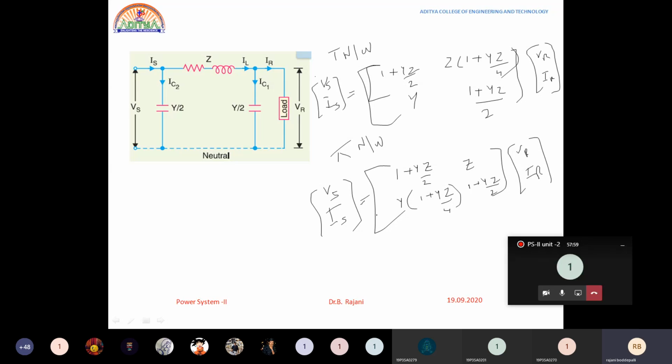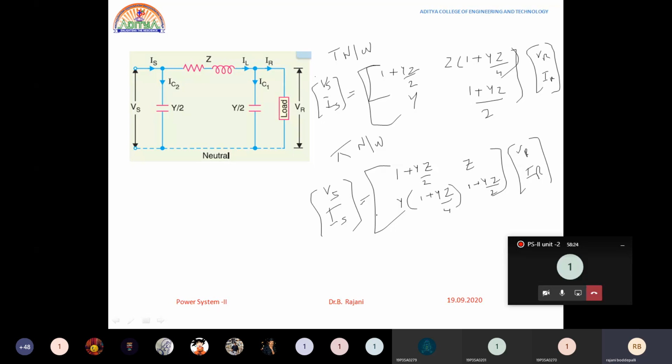In some problems they'll give you the admittance and impedance values and ask you to find the sending end voltage and sending end current. If you know the values of Y and Z given in the data, you can find the sending end voltage and current. Once these are known, you can easily find the power factor.